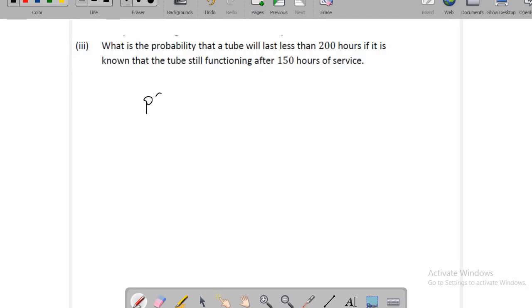This is what they're asking, right? What is the probability that tube will last less than 200 hours if it is known that the tube still functioning after 150 hours of service? So they're asking conditional probability.